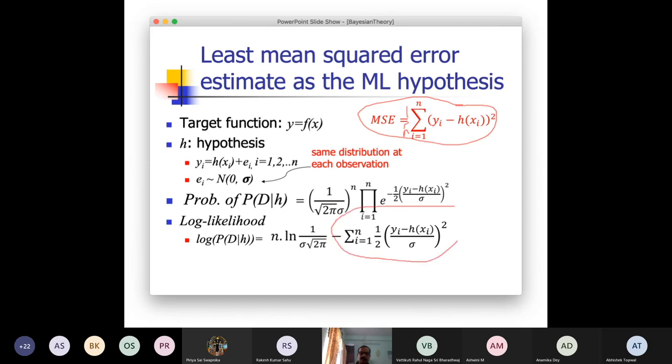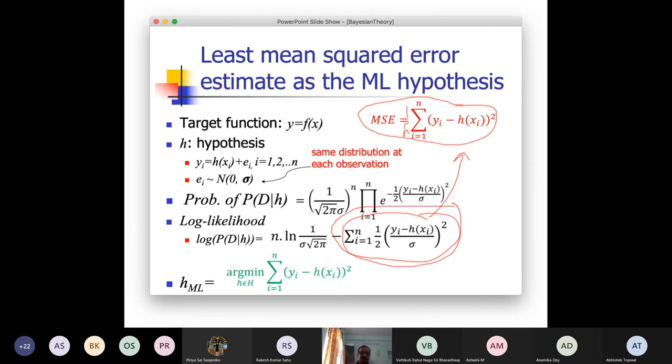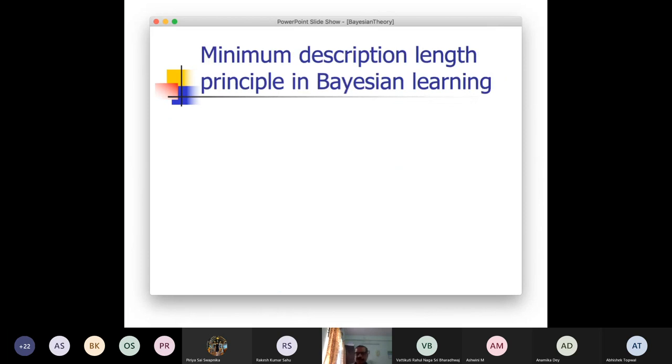So maximization of this expression means minimization of this expression, which is equivalent to minimization of this. This is how your mean squared error or least mean squared error estimate is under the same framework of the maximum likelihood based approach for selecting a hypothesis or a target function.